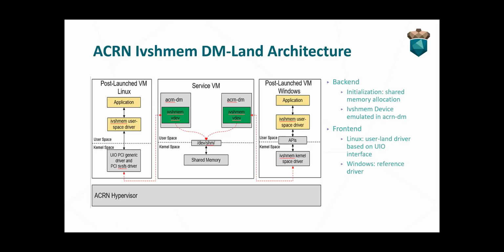The user space application operates on these resources, such as registers and the MMIO BAR. They can use them to communicate with the device. And the right block is for Windows. On the Windows side, we have a dedicated Windows driver. The user space application can use IOCTL to communicate with this driver. So the different guest VMs can communicate with each other.